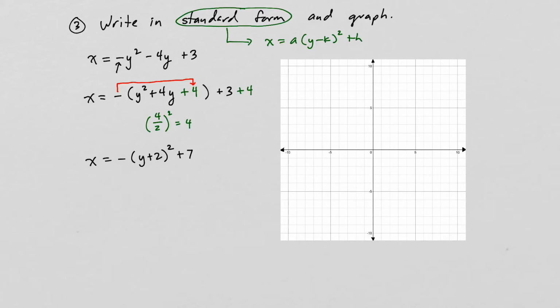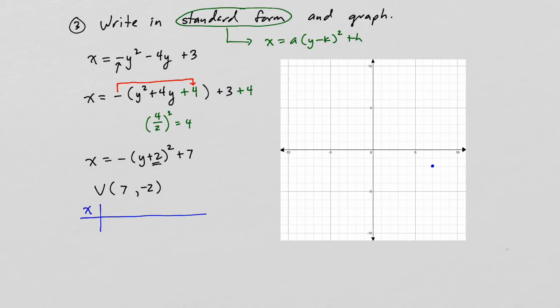So what's the vertex? Well, the vertex is going to be y equals negative 2 and x equals 7. Now to graph this, we'll go to x equals 7, y equals negative 2, which is down here. Then we'll need to get a couple of points.